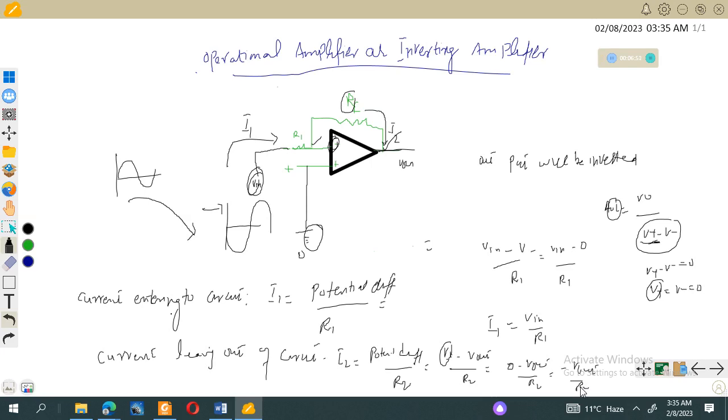According to Kirchhoff's first law, the current entering the circuit should be equal to the current leaving the circuit.